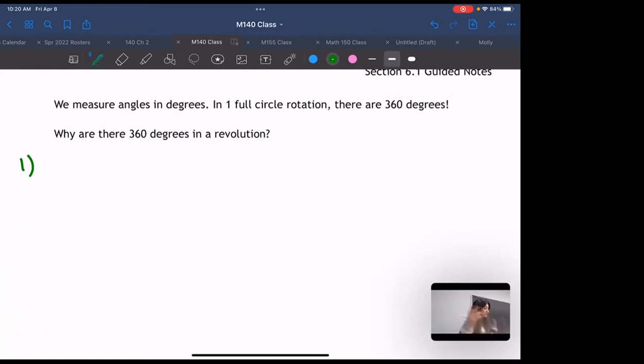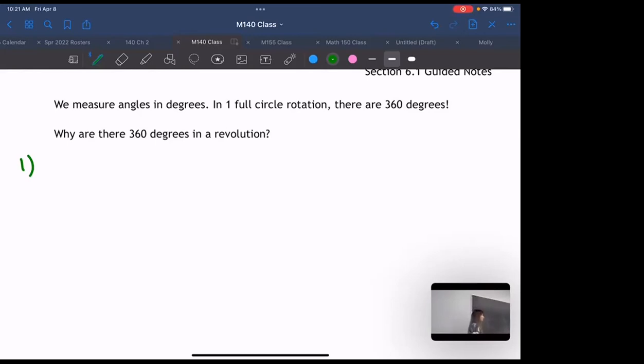So historically, degrees have been used by Babylonians, okay? I don't know if they were the first people to use them or not, but they used a different number system than we use today. Today we use what's called a base 10 number system. It's basically how we count, right? We have 10 fingers, 10 toes. We count money in tens, right?